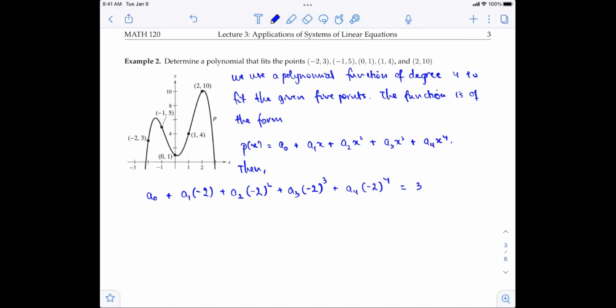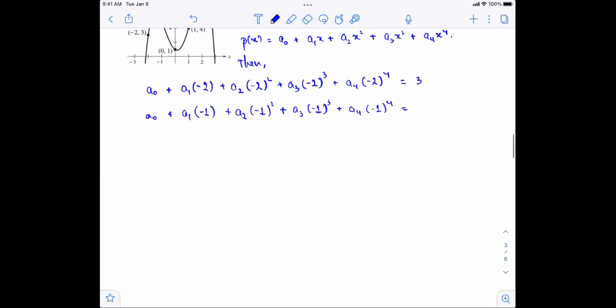So for this next one, you have a0 plus a1 times -1 plus a2 times -1 squared plus a3 times -1 cubed and so on, equal to 5.